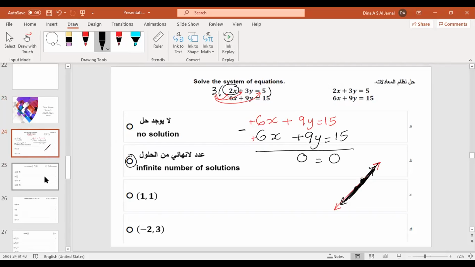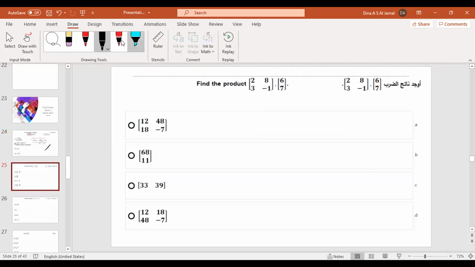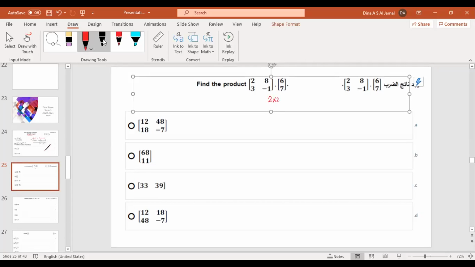Let's go to the other question. Find the product, and he gave you matrices. We know that before we find any product for matrices, we need to check the size of the matrix. So we have 2 rows, 2 columns, 2 by 2, and 2 rows, 1 column, 2 by 1.